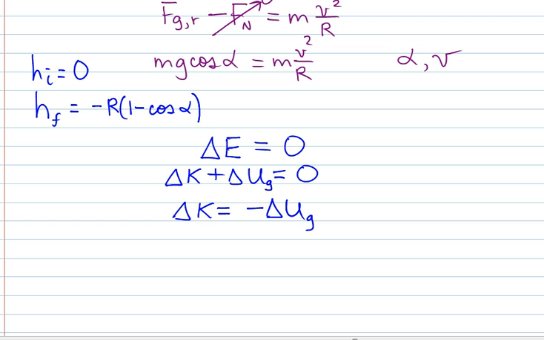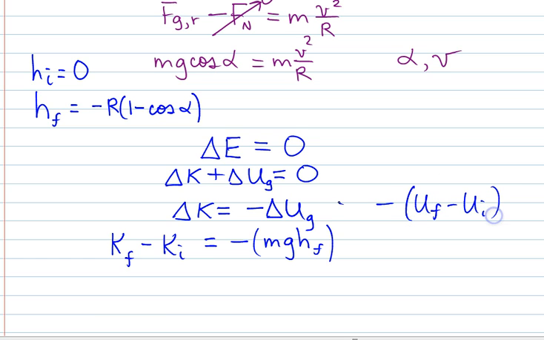So we can write K final minus K initial is equal to negative mg h final, because we have U final minus U initial, and U initial is 0.